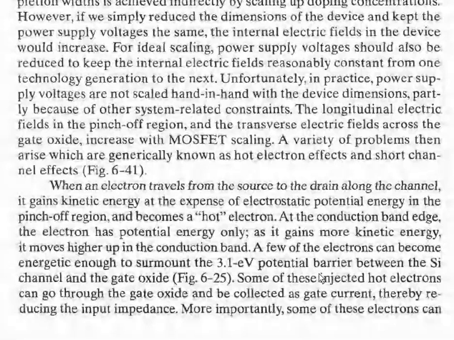So they will overcome that barrier, go through the gate oxide, and be collected at the gate, and that will contribute the gate current and thereby reduce the input impedance.